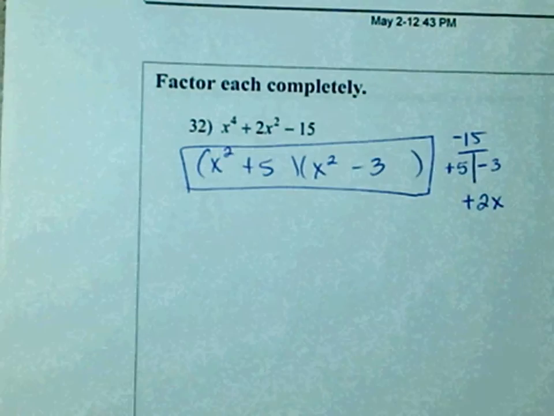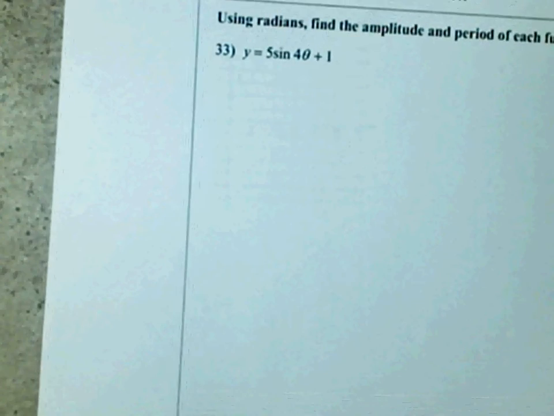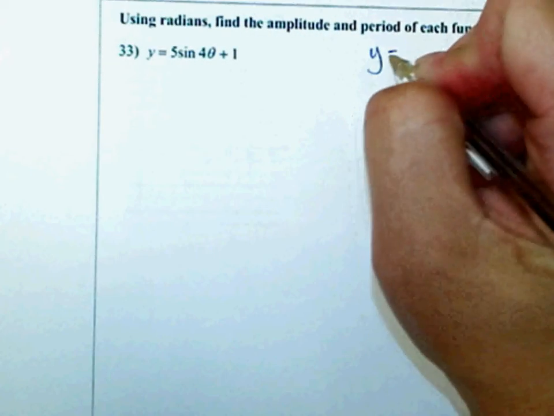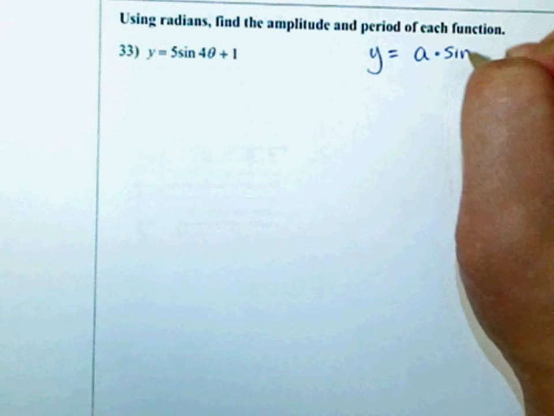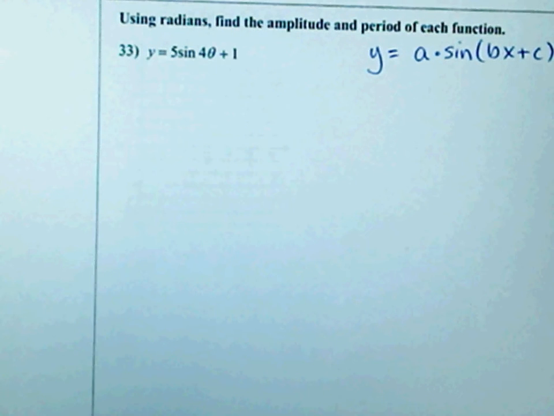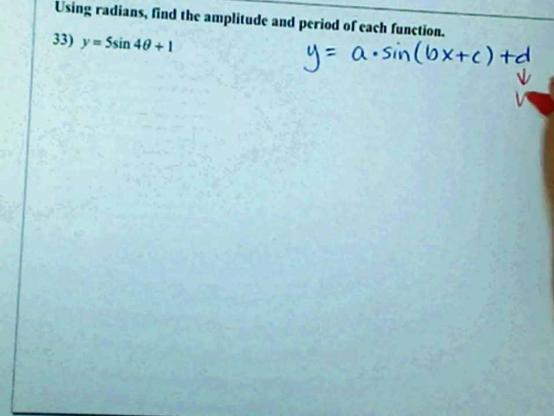Using radians, find the amplitude and period of each function. Well, let's take a look. Here's the equation. Y is equal to A times your sine or cosine, bx plus c plus d. Okay, so make sure you remember that. This one is your vertical shift. This is up and down.